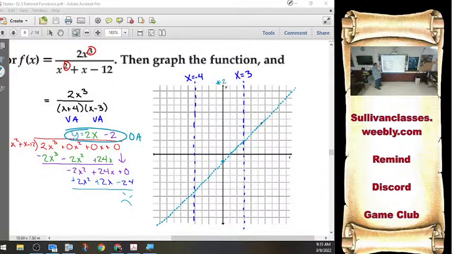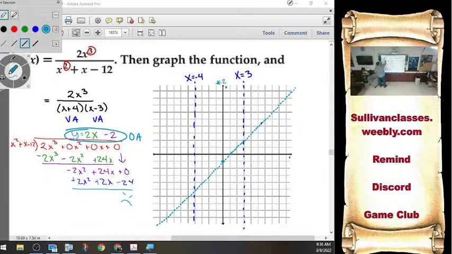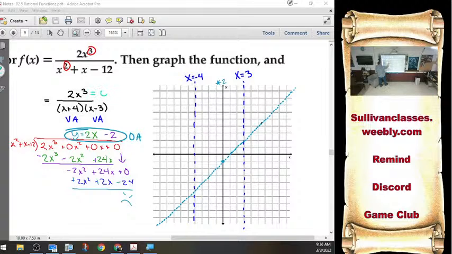What else can I find? I've got vertical asymptotes. I got an oblique asymptote now. I can find intercepts. If I set my numerator equal to 0, I get an x-intercept of 0.